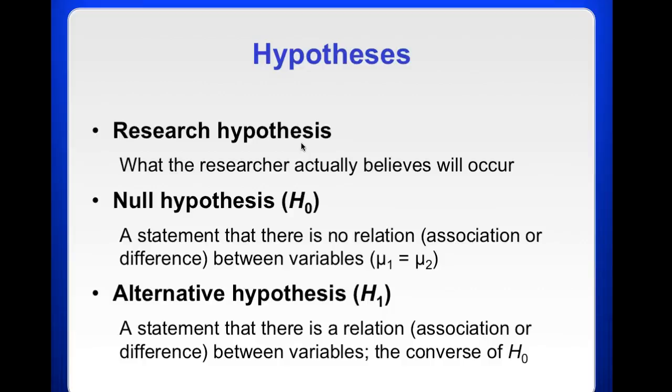On the other hand, the alternative hypothesis would state that there is a relation. So this is how you describe that whatever drug or treatment you're testing will have an effect for the people that are actually taking that drug or doing that type of treatment.